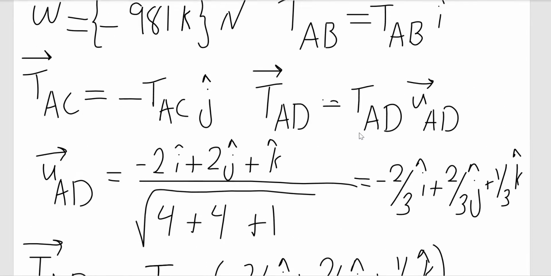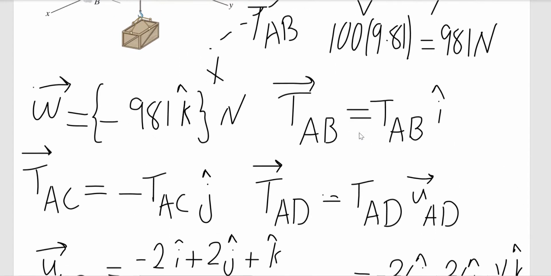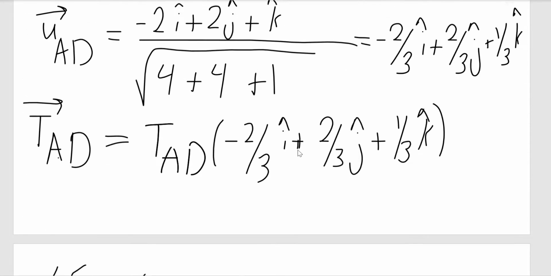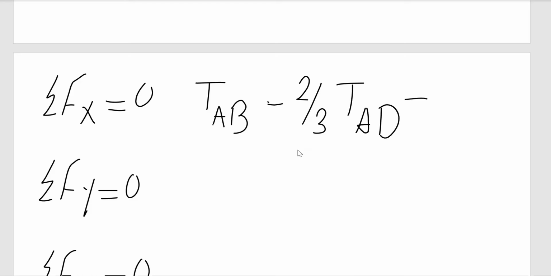Let's just solve by summation of forces in x. So in x I have TAB, that's the x component. TAC doesn't have any component in x, W doesn't have any component, and TAD has a component. So the two components that I have are TAB minus 2/3 of TAD equals 0.